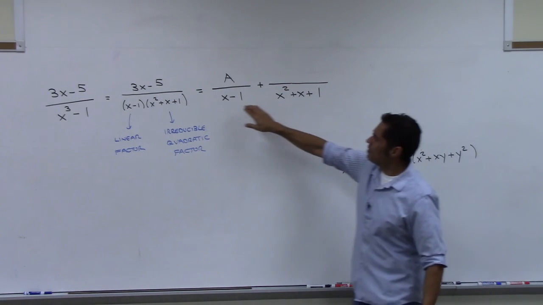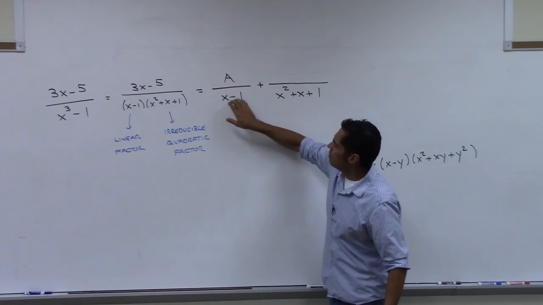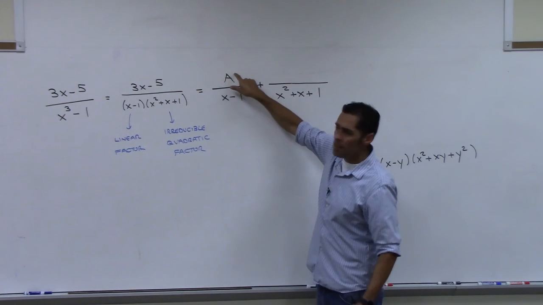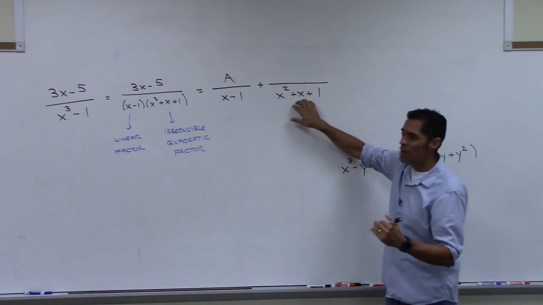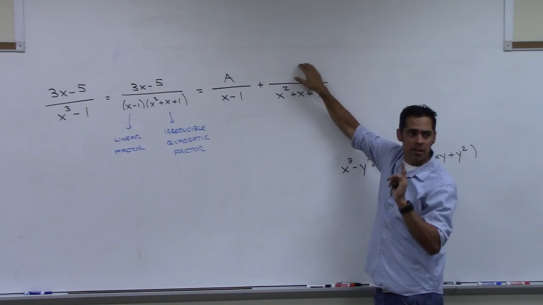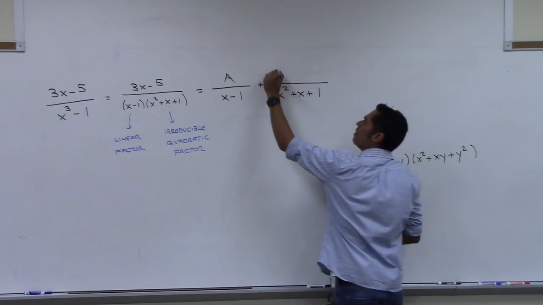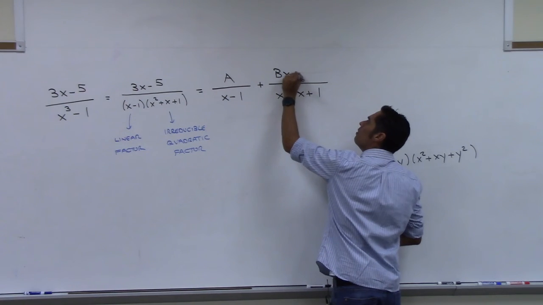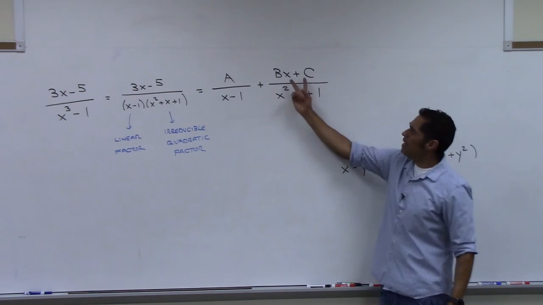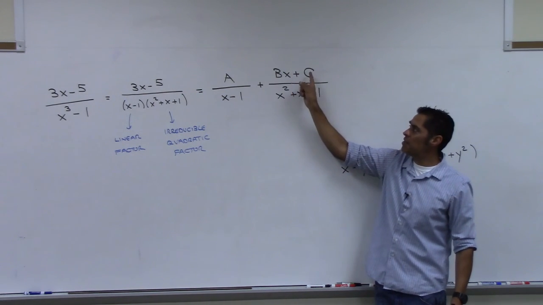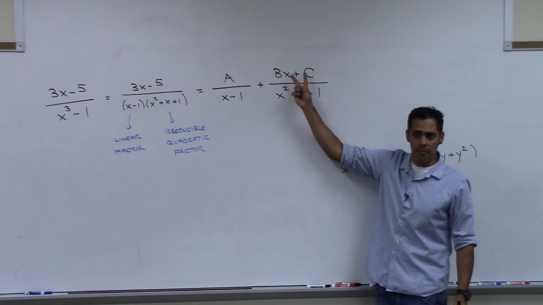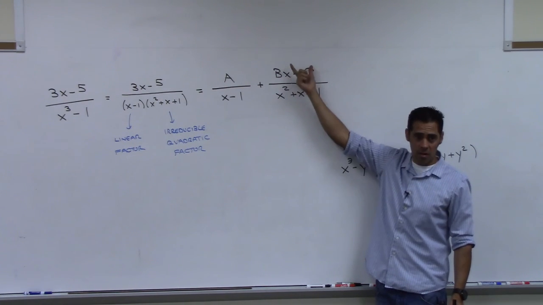Okay, so I told you that this up here was linear, right? And what goes up here was 1 power less. So if this is quadratic, what should go up here is linear. So what should go up here is bx plus c. See how bx plus c is a linear expression? If you give me a number b and a number c, then that would be a linear expression up top. Quadratic on the bottom, linear on top.